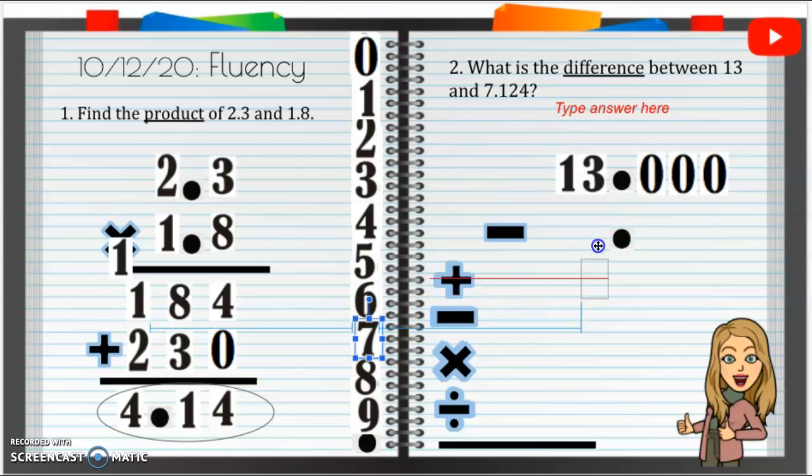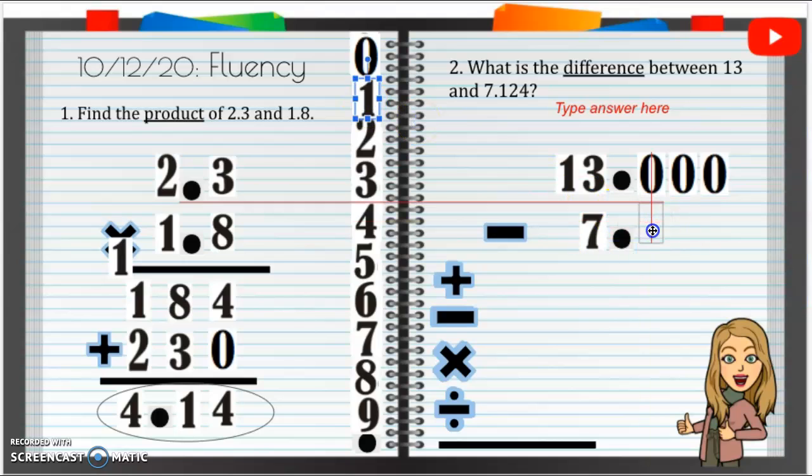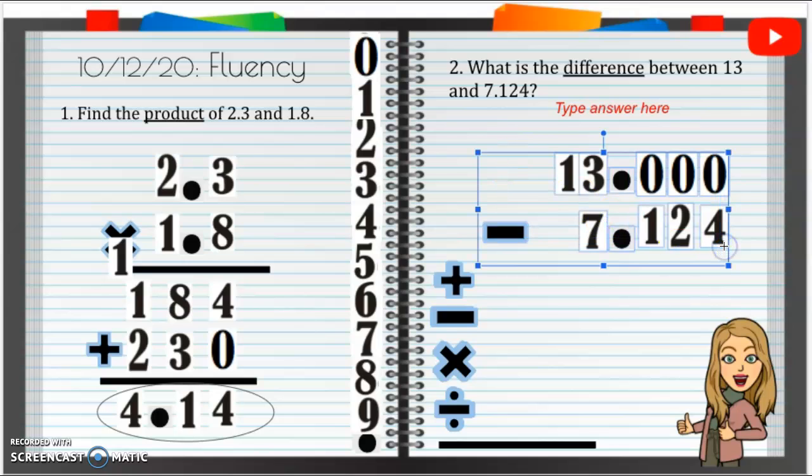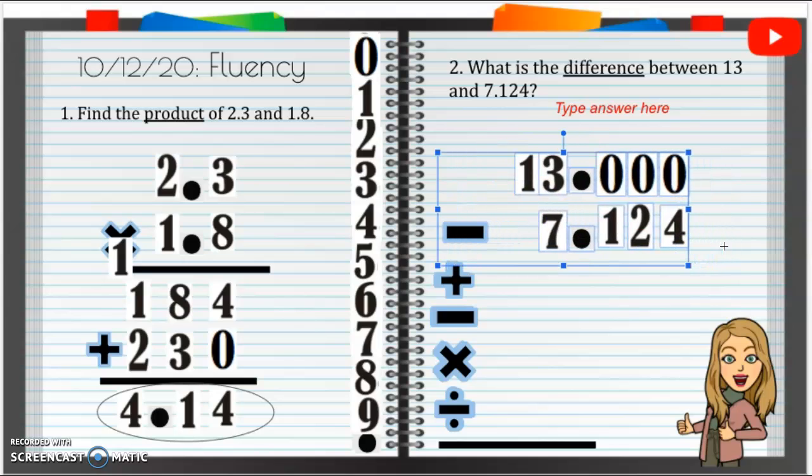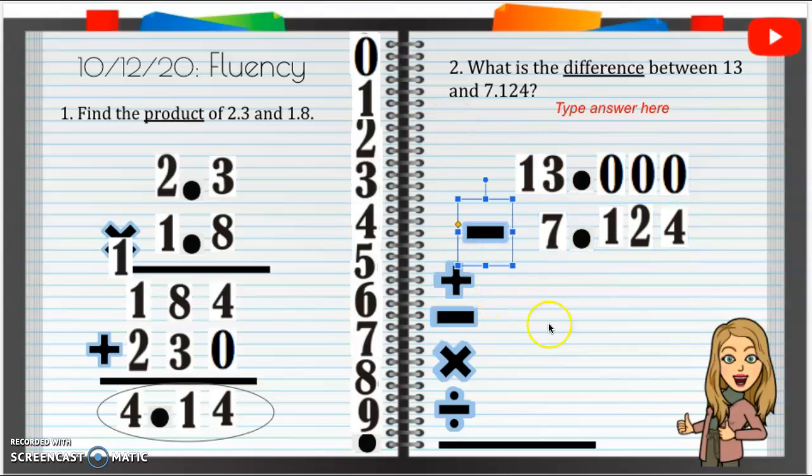So we have 7 and 124 thousandths. I want these moved over a little bit, not quite centered. There we go. Okay, so now let's subtract.